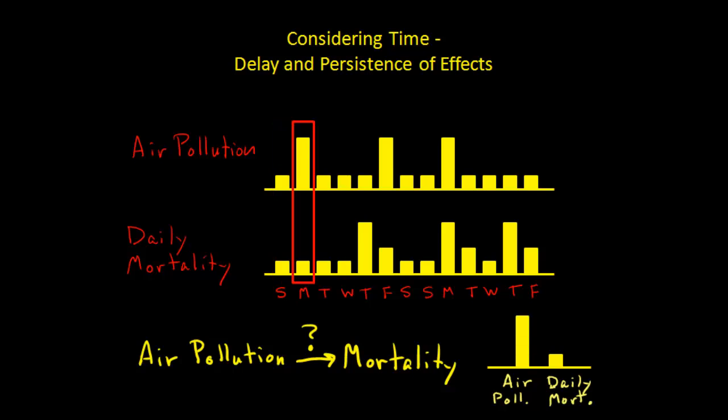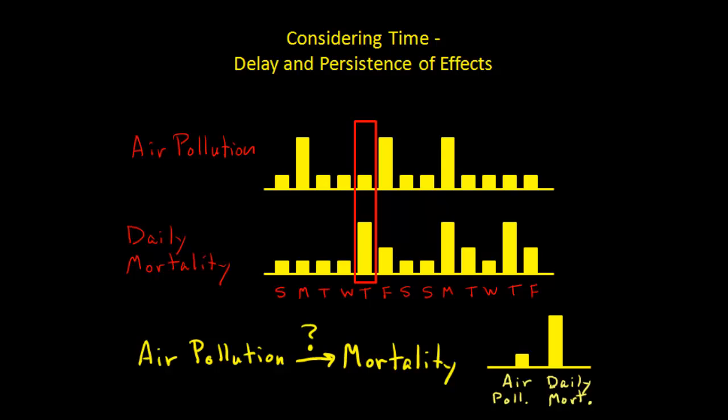So if we move through each day, and down here on the bottom right corner, we look at the air pollution and daily mortality to see if we have any kind of pattern in the data, what we see here is that on some days the air pollution goes up, but the daily mortality doesn't. On other days, the daily mortality goes up, the air pollution doesn't. On some days, they go up together.